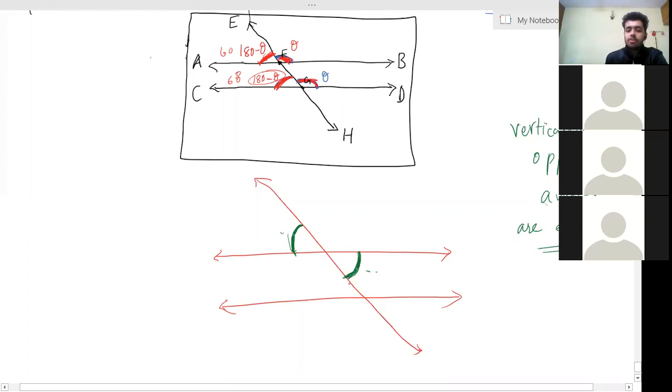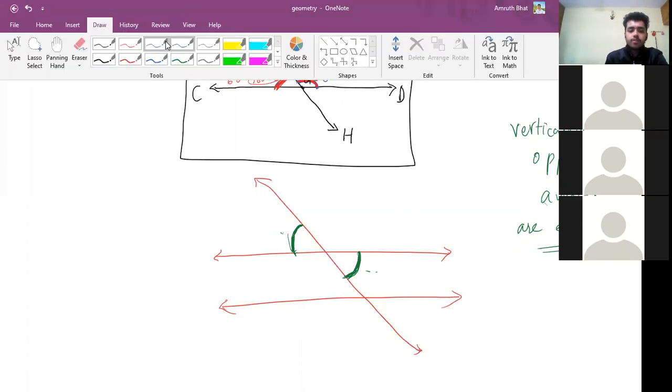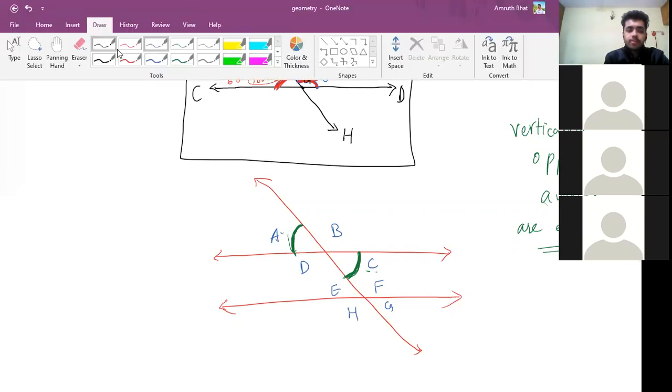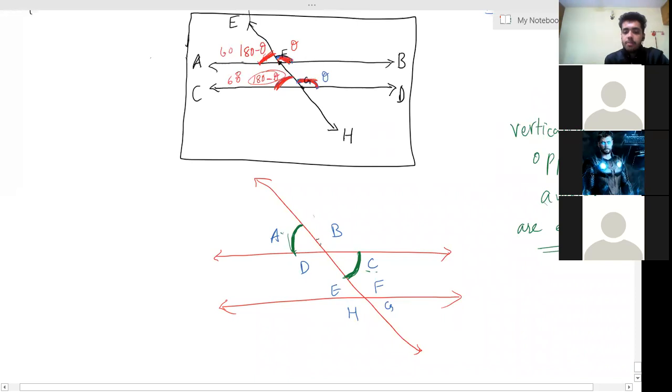Can you give me any more examples of vertically opposite angles in this figure? If you want, I'll name it. Okay, let's name it A, B, C, D, E, F, G, H. Which are, D, B, H, F, G, E, yes. Very good. So over here, B and D are vertically opposite angles, which means these both angles are equal. Yes.